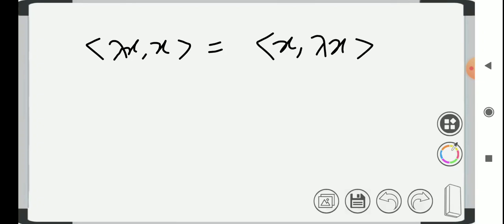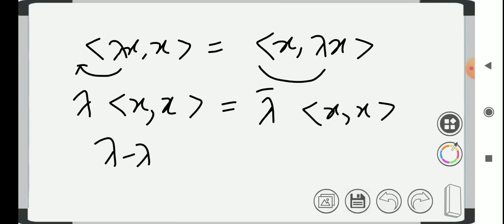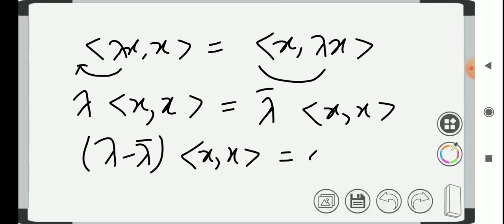By the properties of the inner product, it is linear in the first variable, so lambda comes out, and it is antilinear in the second coordinate, therefore we bring out lambda conjugate. This gives lambda minus lambda bar times the inner product of x with x equals 0.